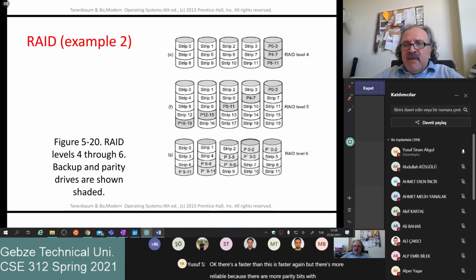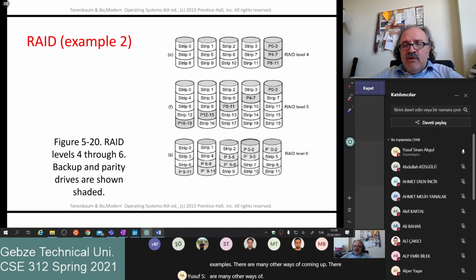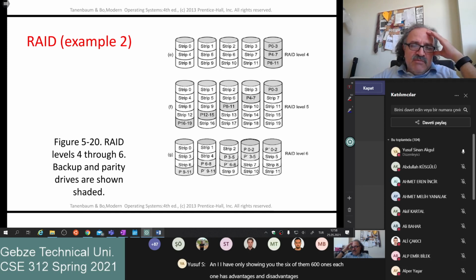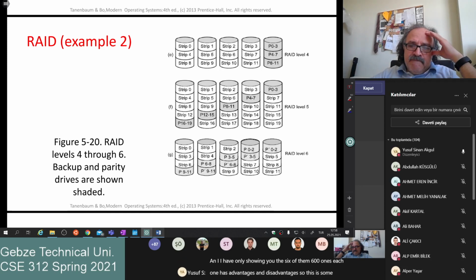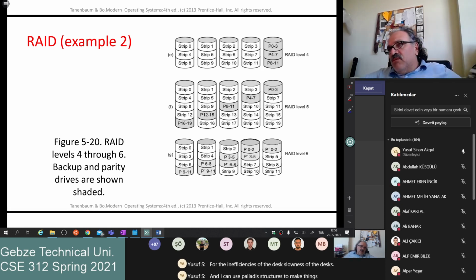With these RAID examples, there are many other ways of building your RAID systems, and I have only shown you 6 standard ones. Each one has advantages and disadvantages. So this is a solution for the inefficiencies and slowness of the disks, and I can use parallel disk structures to make things faster and more reliable.